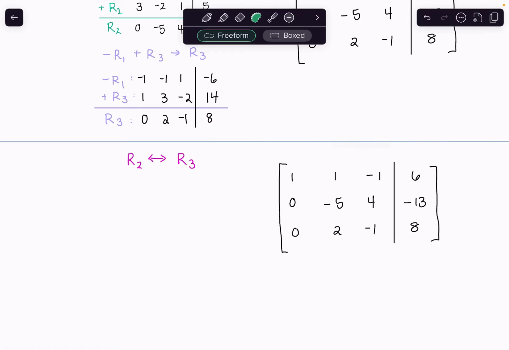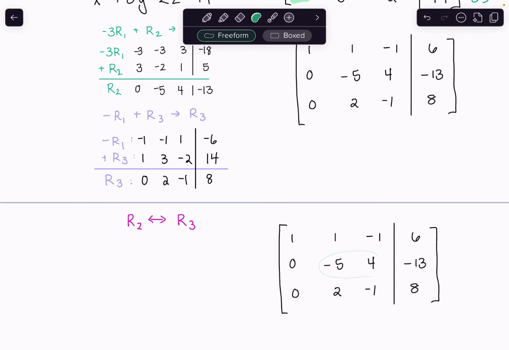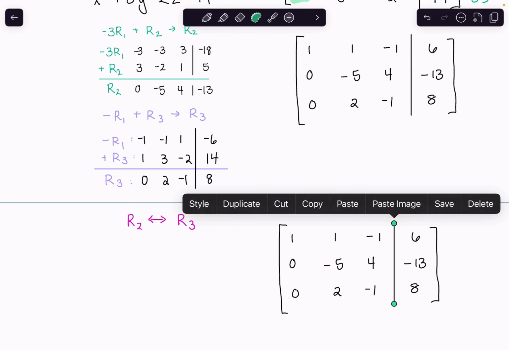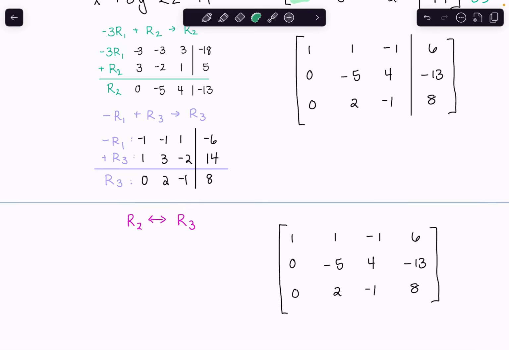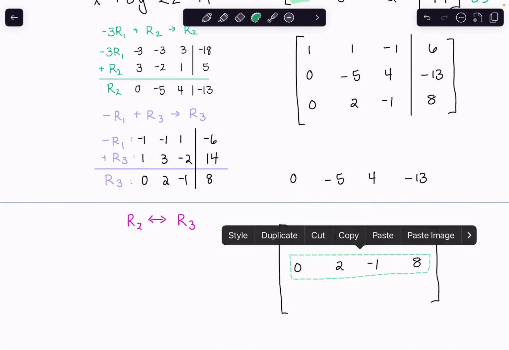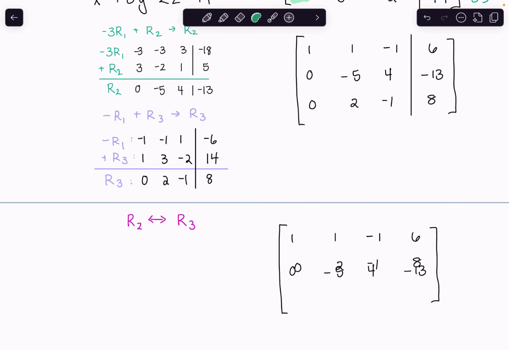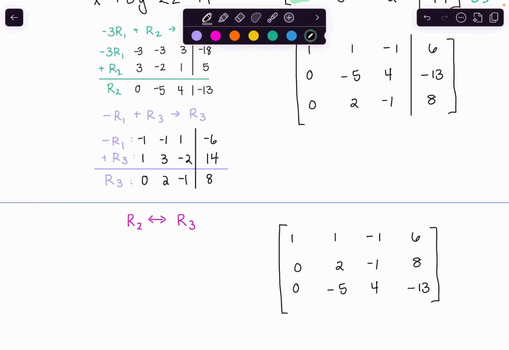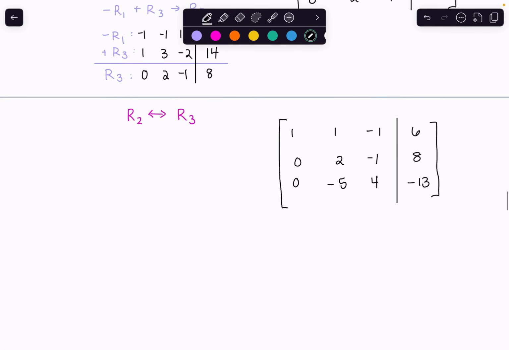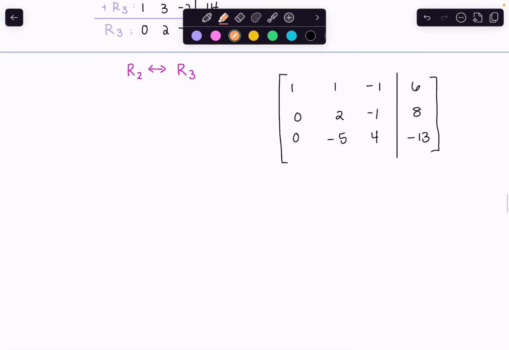I'm gonna go ahead and swap these 2 rows. So let's just go ahead and delete this. We're gonna swap them, so we'll move out the second row, put that as our new second row, and then our third row goes back. Okay. And again, that's now just a little bit nicer because now we want to get a 1 here.